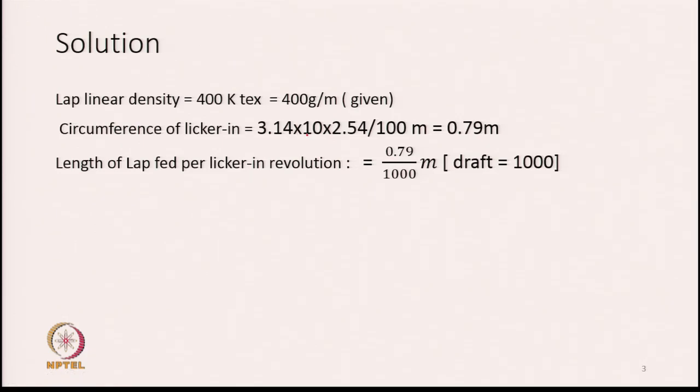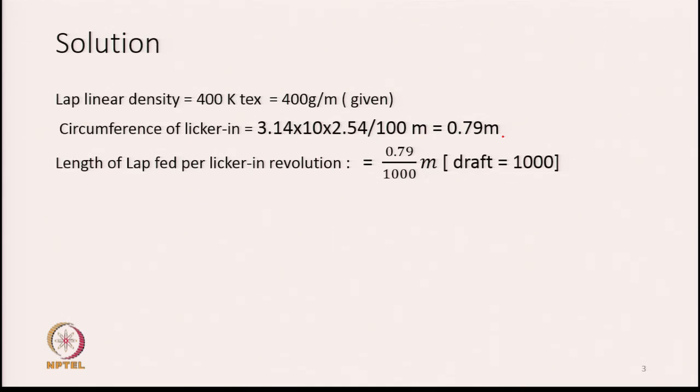So, we have to multiply the diameter of the Licker-in by pi. So, 10 multiplied by 3.14 will be the circumference in inch. We multiply by 2.54, that becomes centimeter, and if we divide it by 100, we get it in meter, and the value is 0.79 meter.